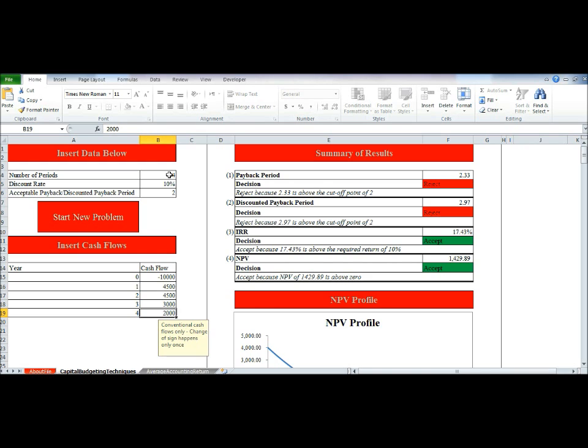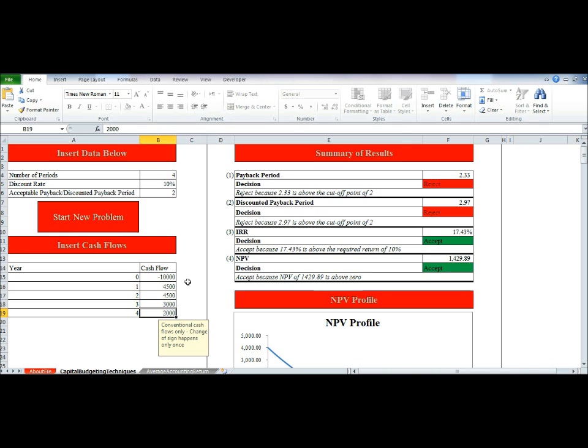For example, if you have a question telling you what are the impacts on NPV of a project if the large cash flows that are received in early periods were received in later periods, would that increase the NPV, decrease the NPV, or how sensitive is the NPV to the discount rate?